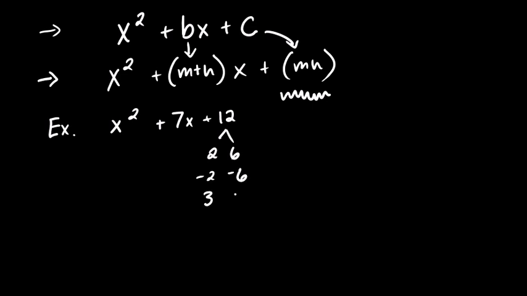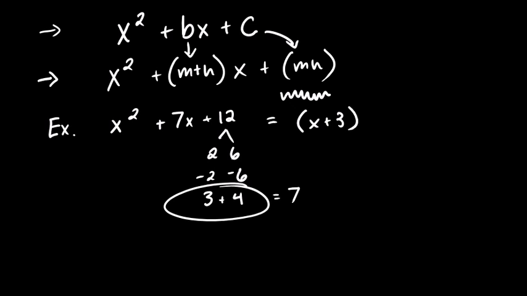It doesn't hurt to list them all out, but if you can recognize that a positive 3 and a positive 4 add to equal your b term here, that means x squared plus 7x plus 12 factors into x plus 3 times x plus 4. And you can FOIL that out and confirm it. So that was the general process behind a simple example here.